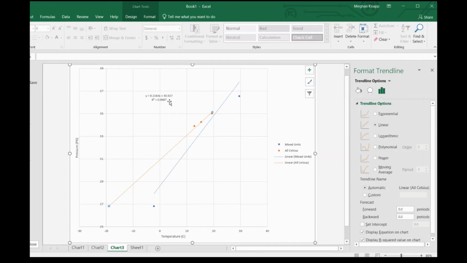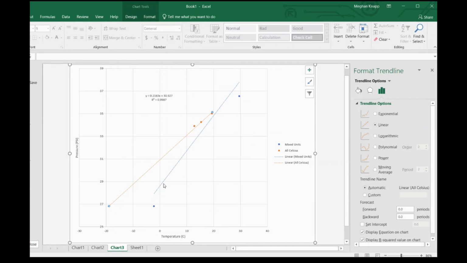Sometimes if we are doing something in the social sciences, because there are so many things that can interfere with our experiment, from background and socioeconomic status and environment and all of those things, then we don't get these nice r² values. But for chemistry, they should be very, very close to 1. And so it's a good idea to display that on the chart as well, so that you are giving as much information as possible about the quality of your data.